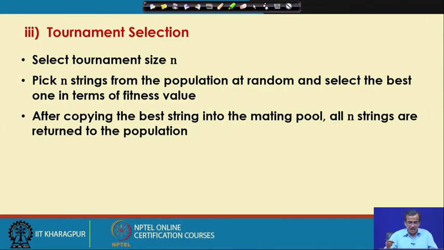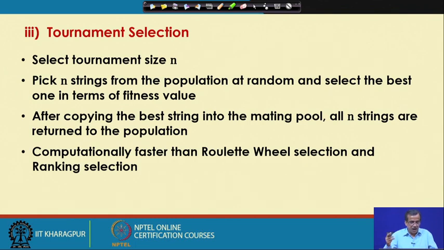So, this is what I discussed. Now, this tournament selection is computationally faster than the Roulette selection and the ranking selection. Now, another thing I want to point out is that GA on principle can solve the maximization problem.